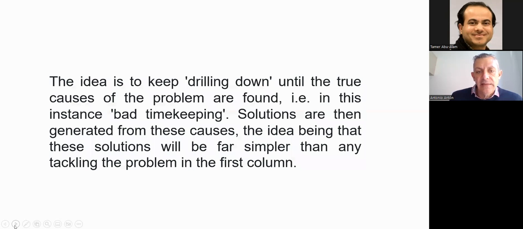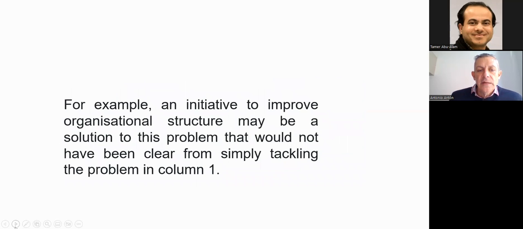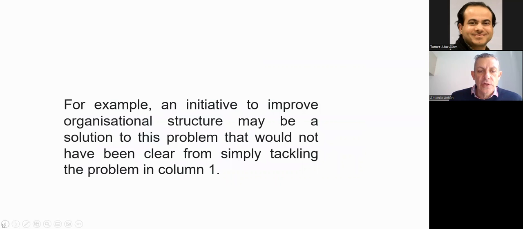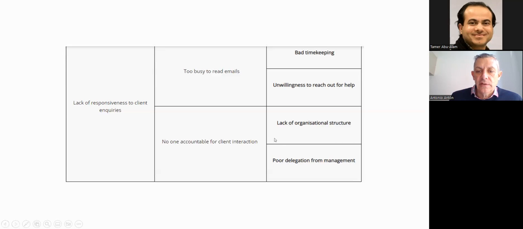So that's the idea in terms of drill down. Here, for example, an initiative to improve organizational structure may be a solution to this problem. To tackle problem one, for instance, organizational structure could also be good to solve it.